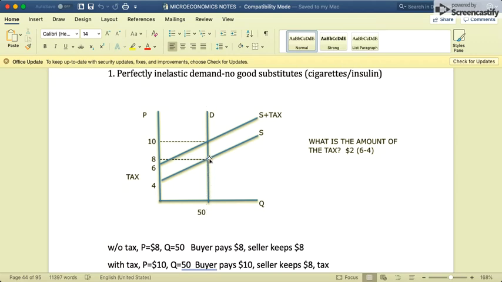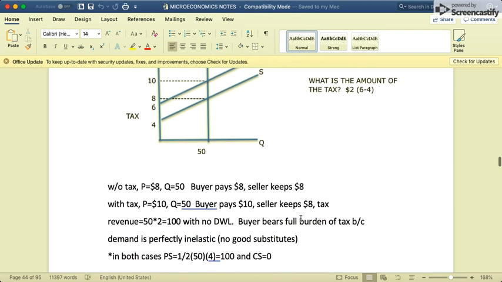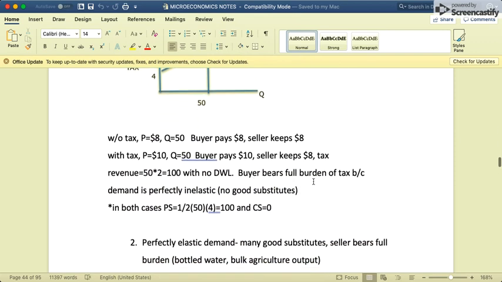But because there are no good substitutes, even though the supply curve has shifted, leading the price to go up to 10, you see that the quantity demanded has not changed. So in this case, because the buyer is sort of being held hostage, as it were, all of the tax will be passed to the buyer. Okay? Buyer bears the full burden of the tax because demand is perfectly inelastic.